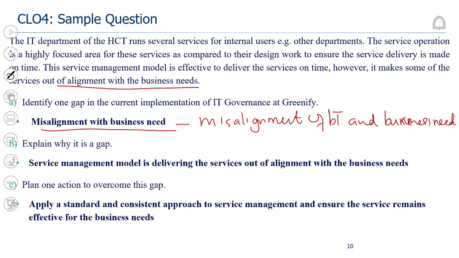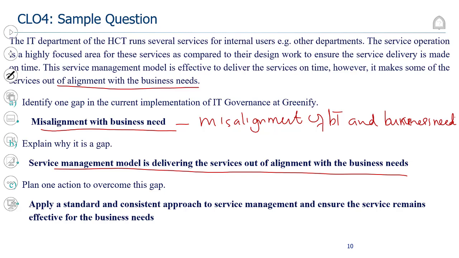The two are not aligned, okay? Explain why. Because the answer is there. Because the service management model is delivering services which are out of alignment with the business needs. They have this service delivery model that is making things not aligned. So that is why it is a gap.